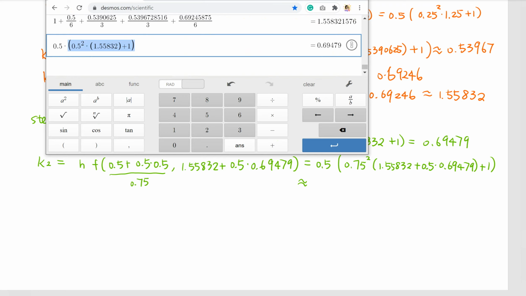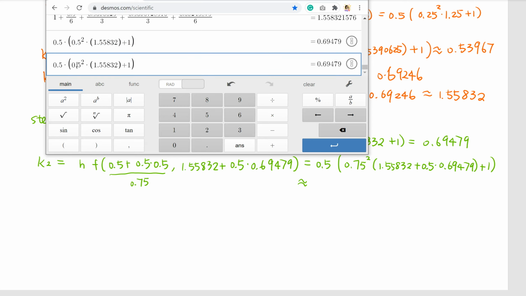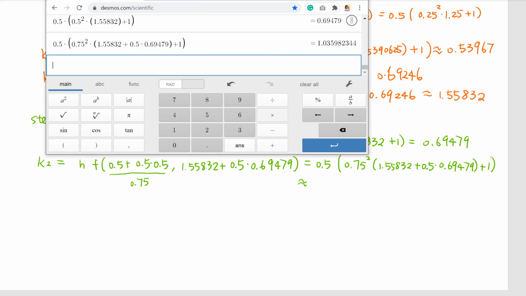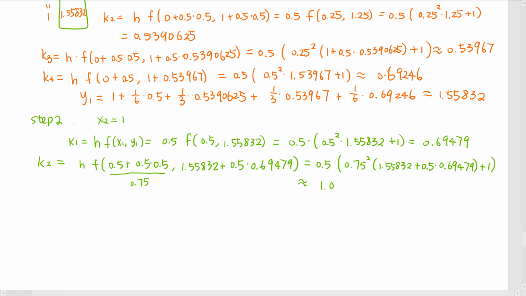So 0.5, we can also copy and paste here. Then we don't need to retype everything. This becomes 0.75 squared, and then this number plus 0.5 times 0.69479. Okay, so the answer is 1.03598. So far so good. This is K2. So we still need to find K3 and K4, and then we can find Y2.